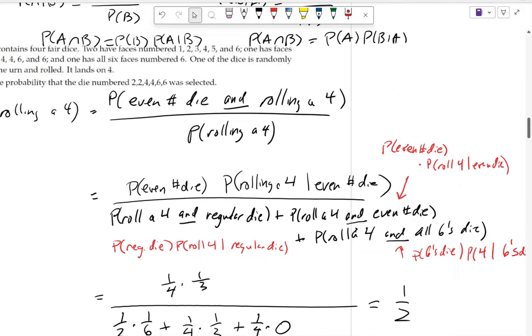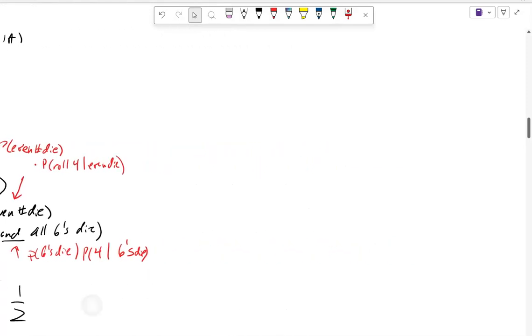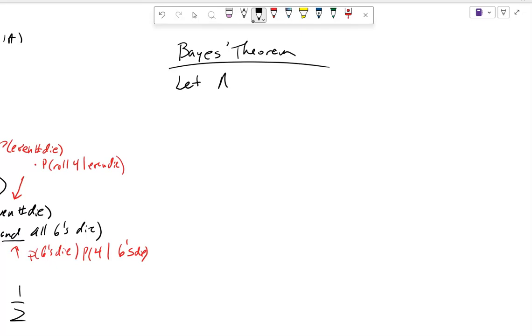Okay. All right. So let me write Bayes' theorem off to the side here. That's a very good question and a very good observation, by the way. All right. So here's what Bayes' theorem says. Let A be an event with a partition A1, A2, out to AK.